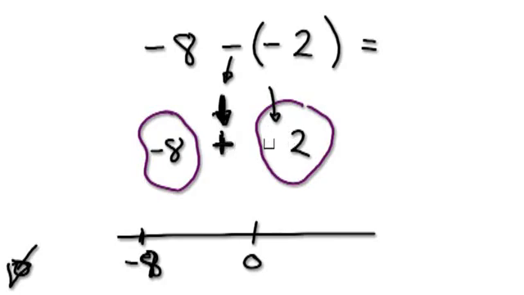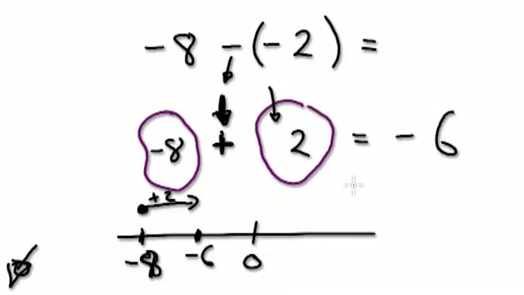So it's basically an add 2. So you start at minus 8, and then you add 2. So you would be somewhere in here. Where is that somewhere? Well, minus 8, go to the right 2 steps. It should be minus 6. So the answer is minus 6. Okay?